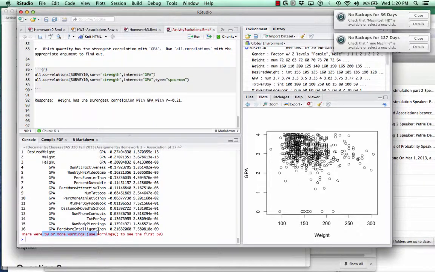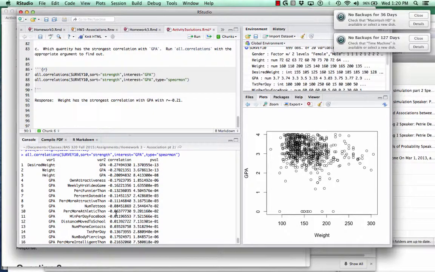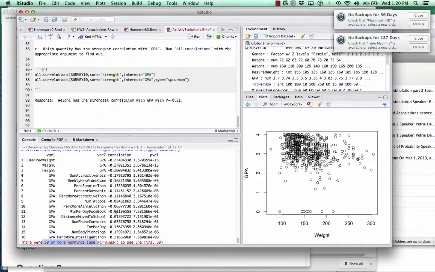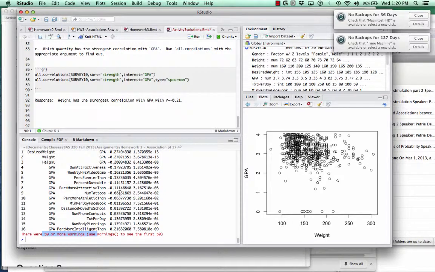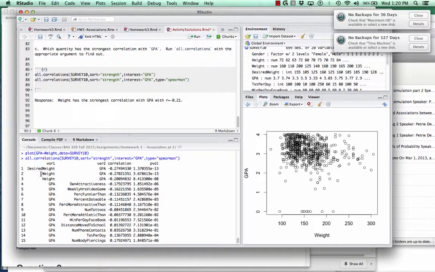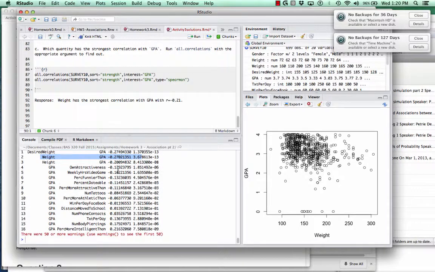It'll give a bunch of warnings because there are ties in the ranks and it has difficulty with that, but that's of no concern to us. The answers haven't changed too much. In fact, instead of the most negatively correlated being weight, it's actually desired weight instead. It's slightly edging it out here. So the results don't change all that much.